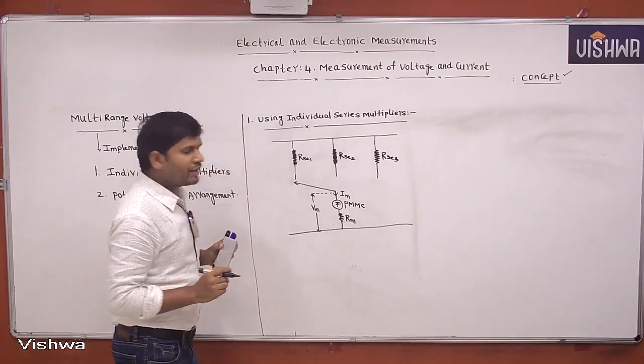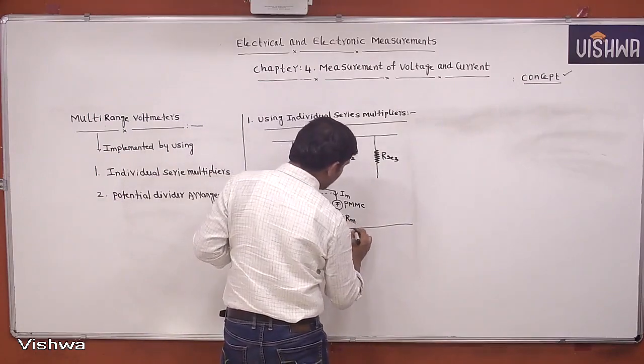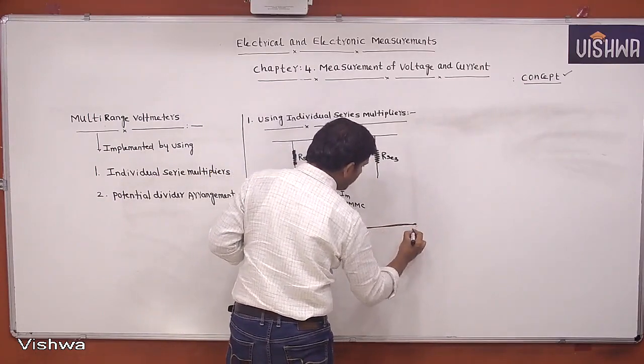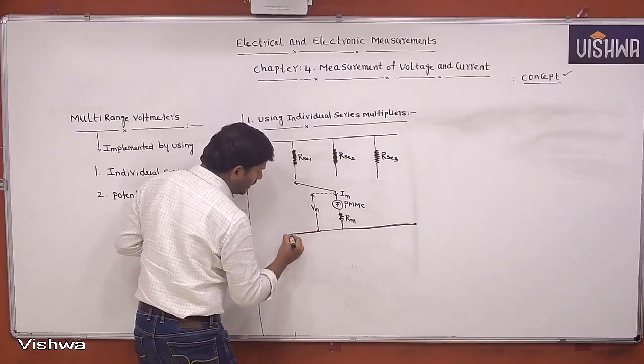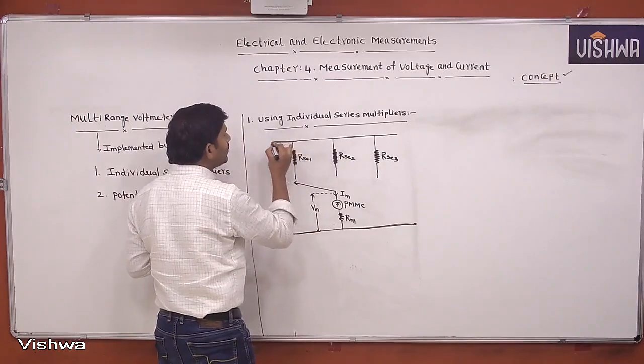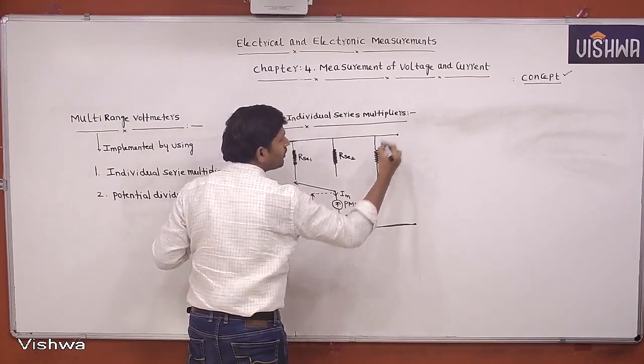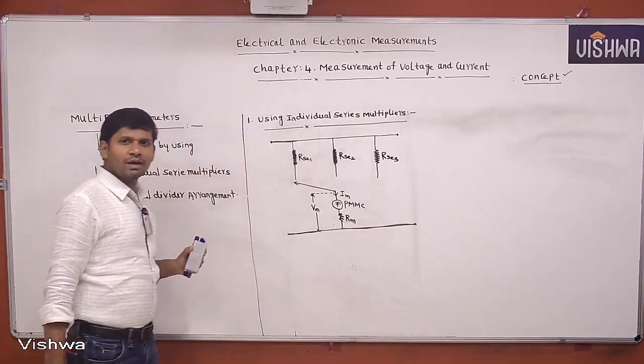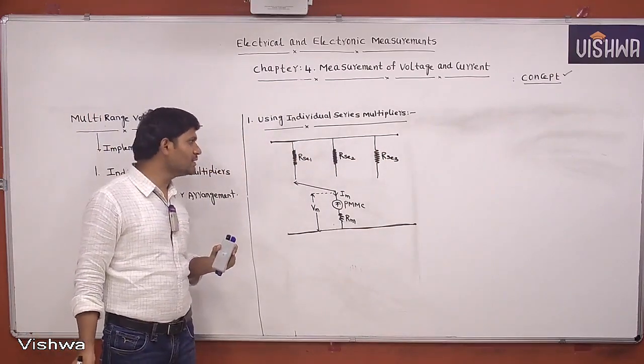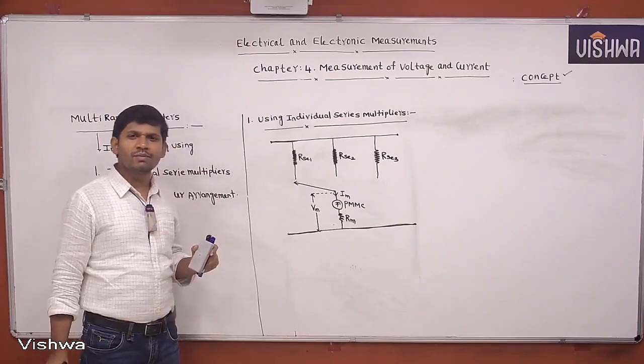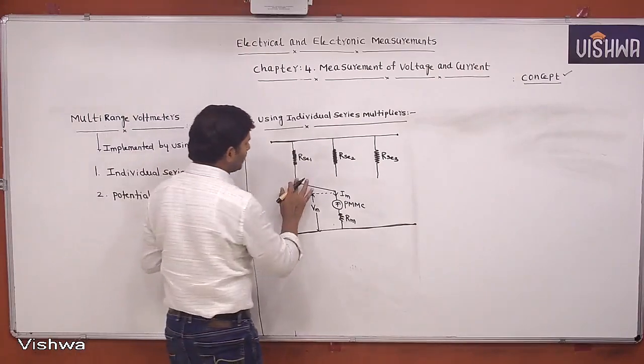This arrangement is nothing but the individual series multipliers method. By seeing the arrangement, you can identify whether it is an individual shunt multiplier or individual series multipliers. If the resistances come in series with the meter, then it is a series multiplier method. If they come in parallel, then it is a shunt multiplier method.